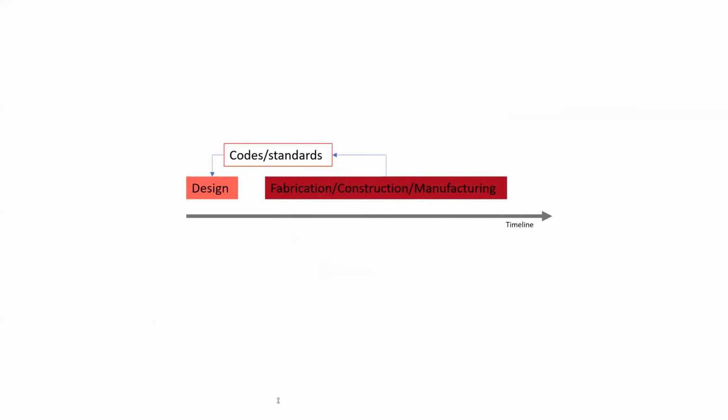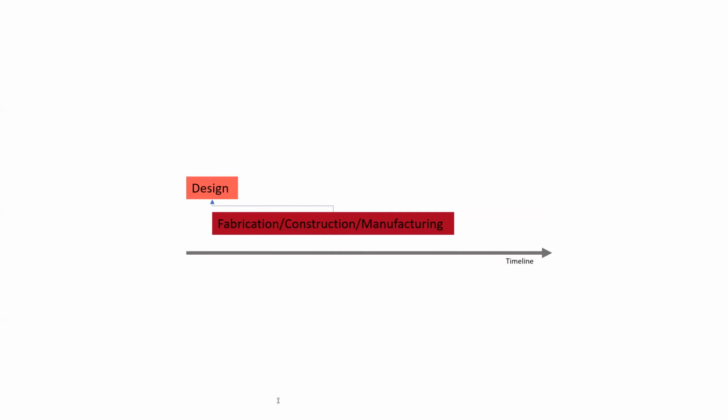But there is a big change in the way that we design. In the conventional method of thinking, fabrication or construction is a post-process, and the limitations come into the design usually through codes and standards, because it's very conventional that we know the limits of how we can construct things. But in a new way of thinking, for example additive or robotic fabrication and construction, the tools inform your design process.